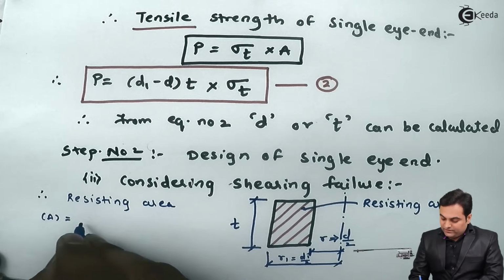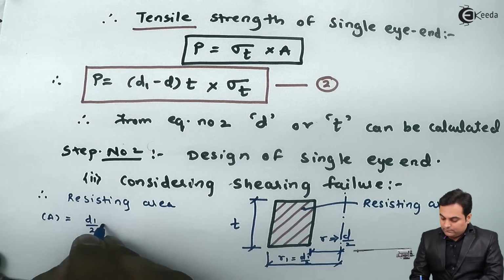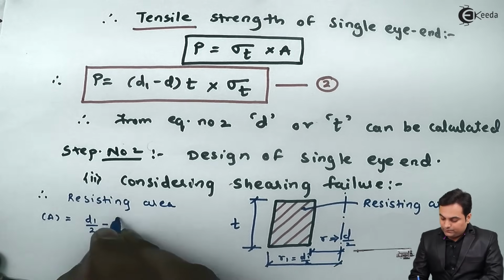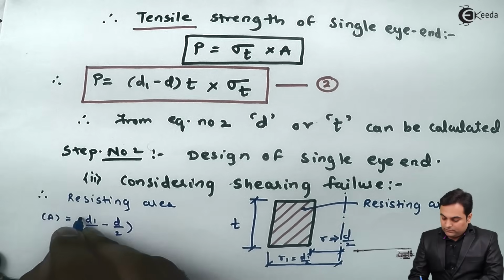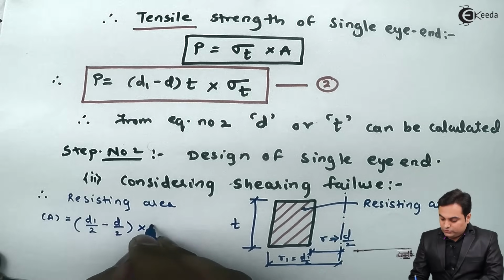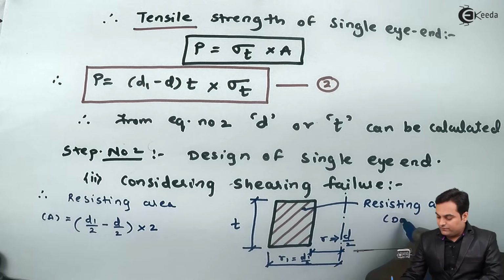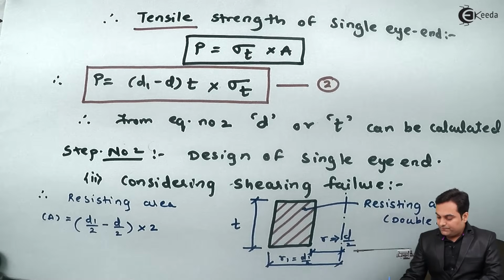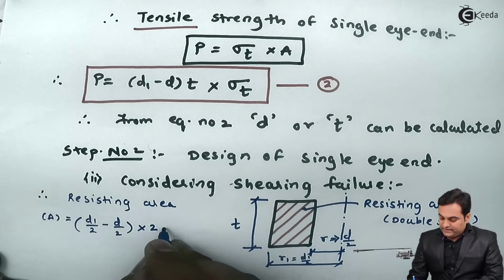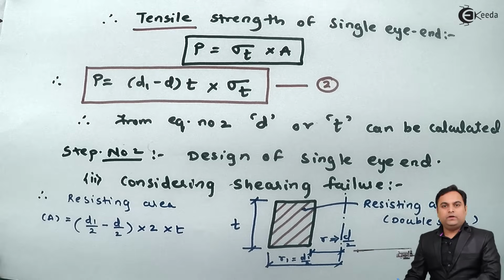So R1 is D1 by 2 minus R is D by 2, multiplied by 2, since this is a case of double shear, and next I'll multiply it by T.